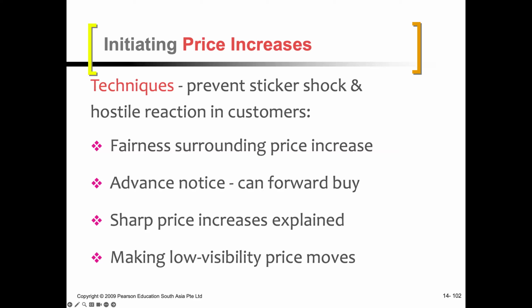It will be much safer if you make low visibility price moves, which means breaking it into smaller increases. For example, in month one, you can increase it by $1, and in month two, you can increase it by $1 again, which will not give a shock to the customers.